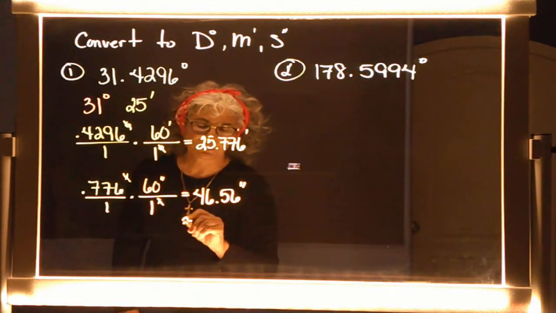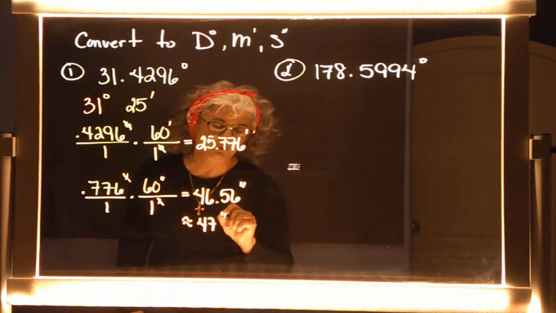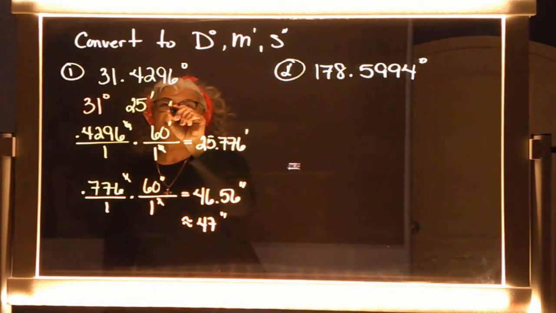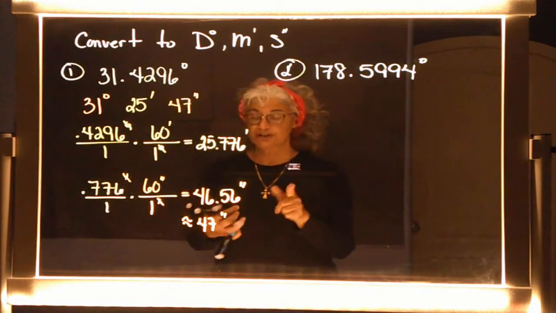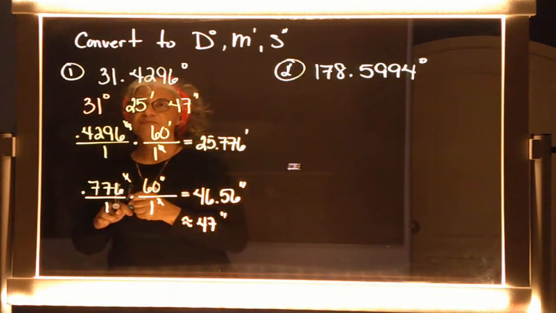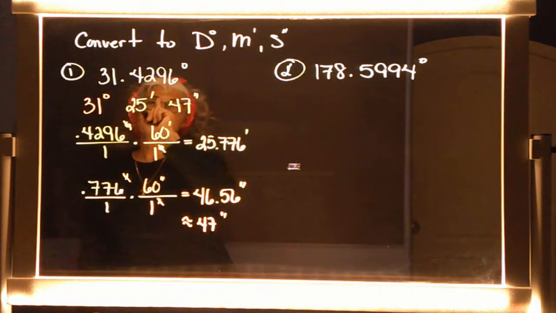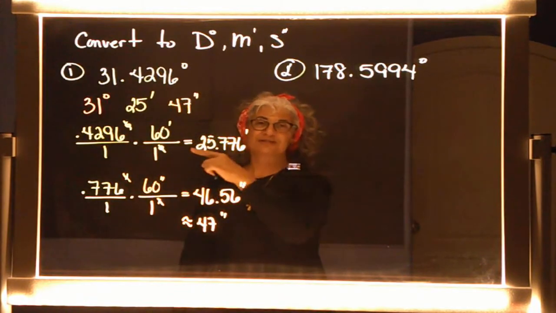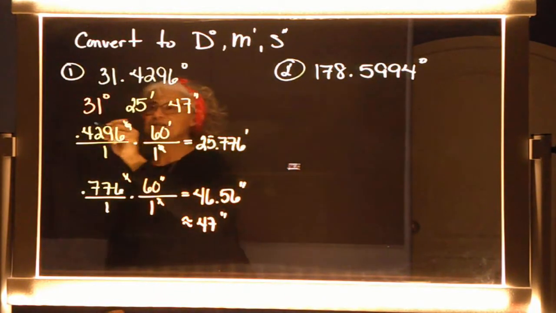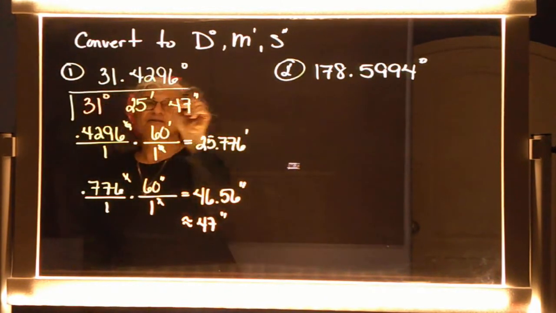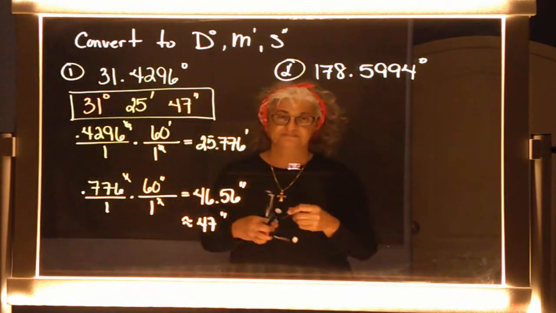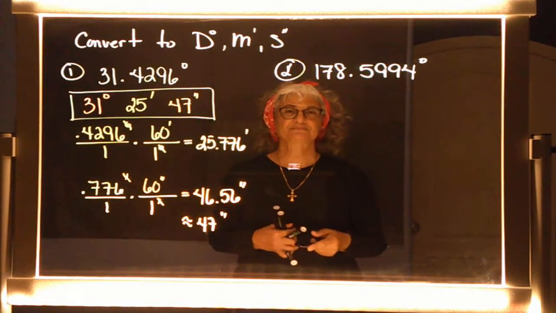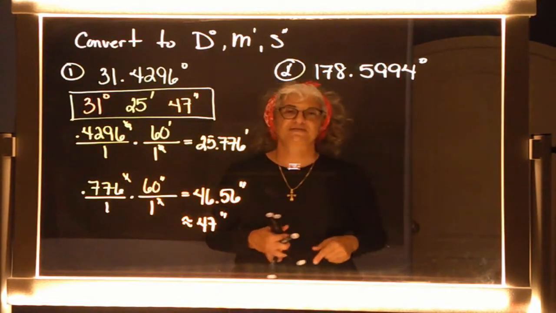So this would be approximately 47 seconds, wouldn't it? Which means my original problem of 31 and 4,296 10,000ths of a degree is actually 31 degrees, 25 minutes, and 47 seconds. Cool?